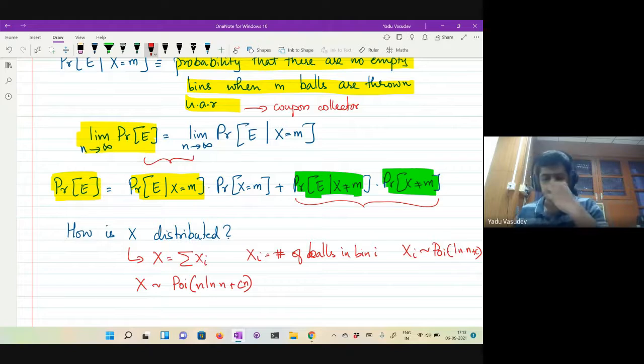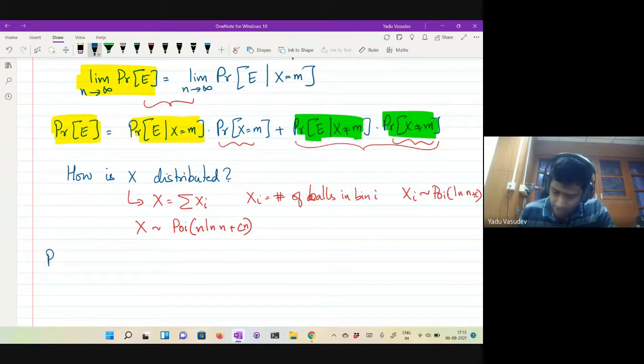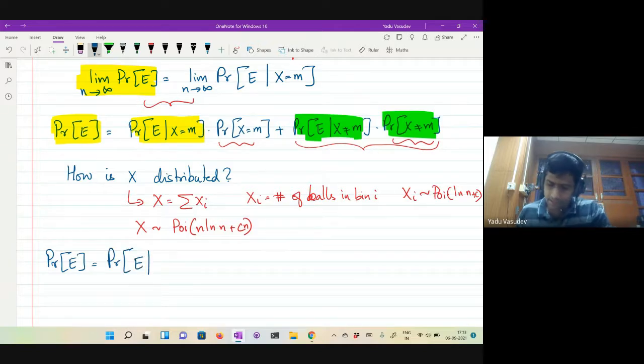So what we're going to use is the Chernoff type inequality that we saw for Poisson random variables. Instead of analyzing these quantities this way, let's rewrite what we want to do slightly differently. We're going to write the probability of E as the probability of E given that X minus M is less than 2 square root n ln m.